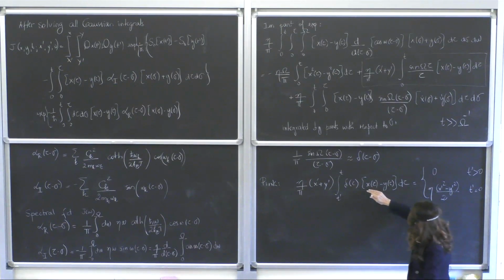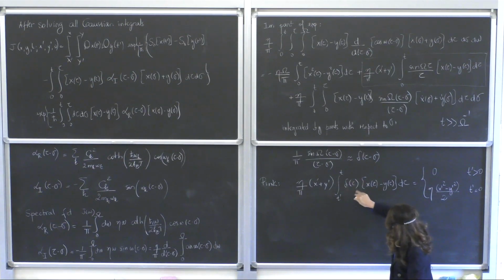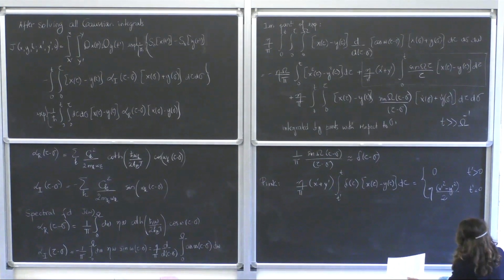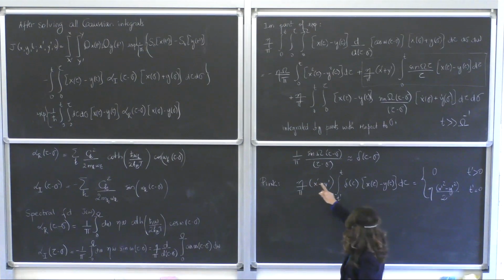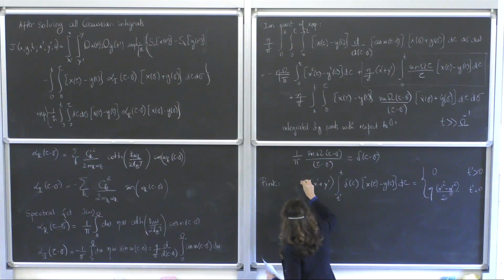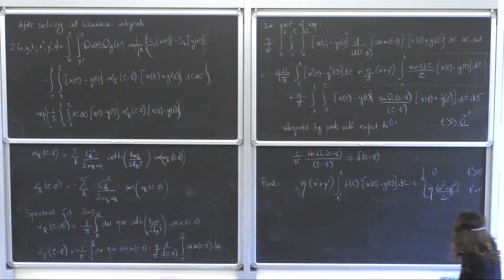Because then this would now kill it except at the point at which my x is equal to 0, and I get the product of this with this. Okay, oops, there is a pi too much here. Sorry, this pi has disappeared because the 1 over pi went into the delta. Okay, there is no pi there.